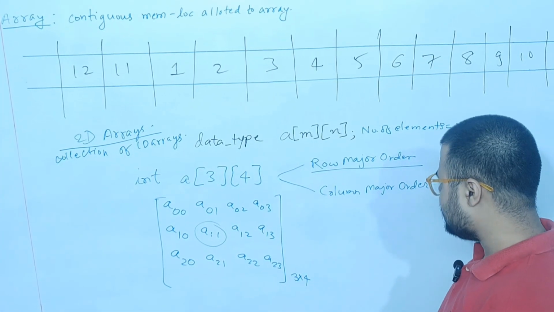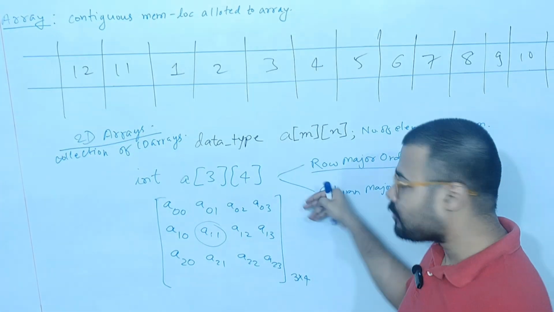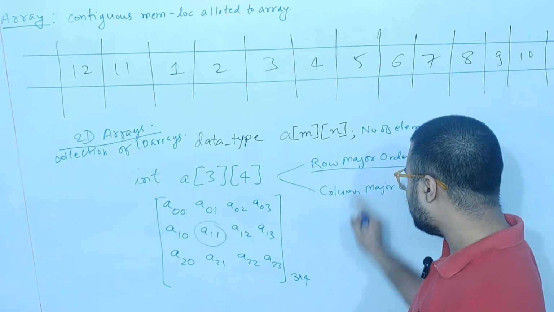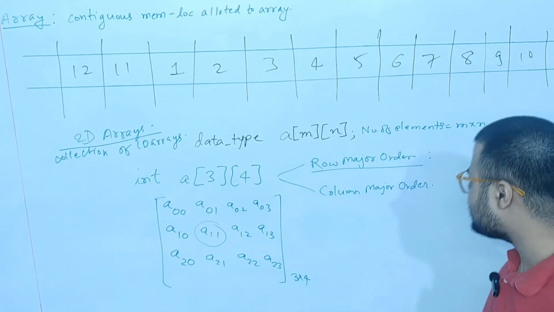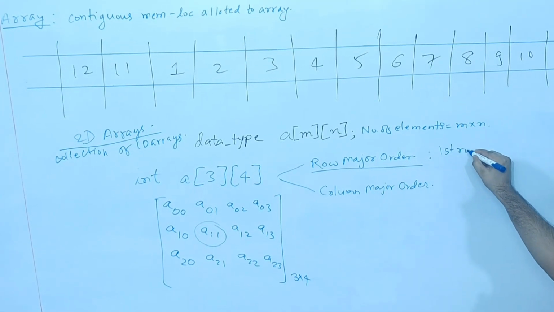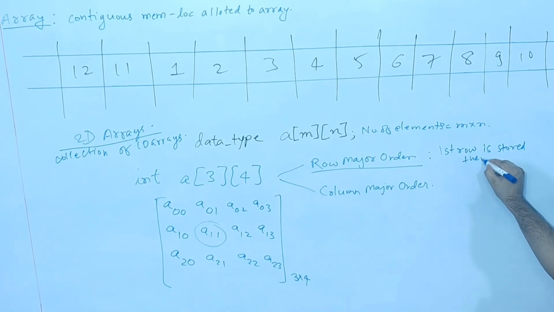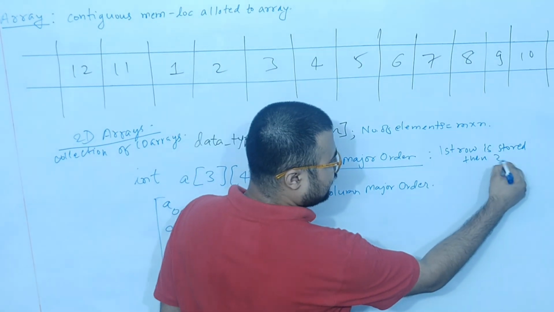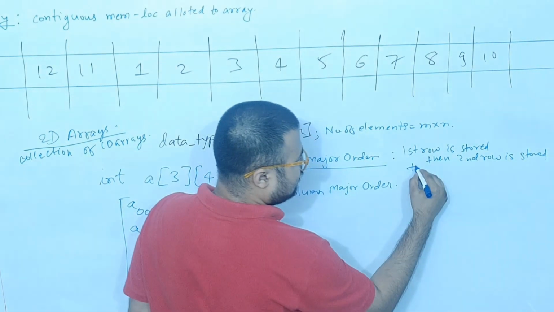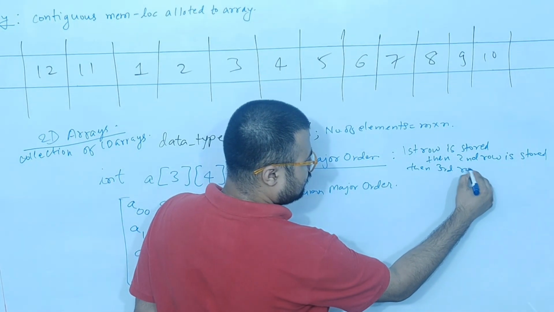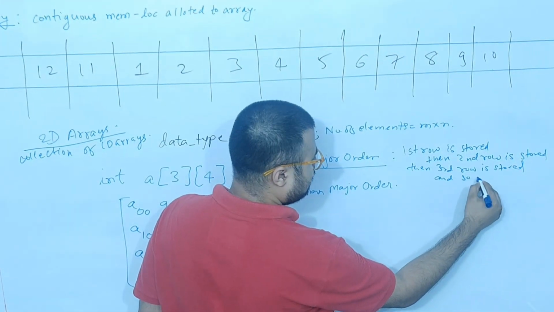You can think of it this way: if the memory is organized in row major order, it means that in your memory, the elements of this matrix are stored as follows: first row is stored, then the second row is stored, then the third row is stored, and so on.